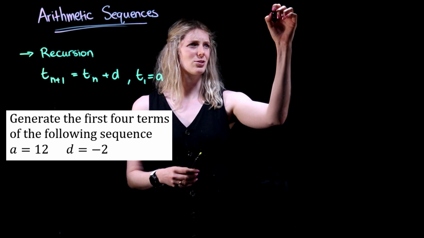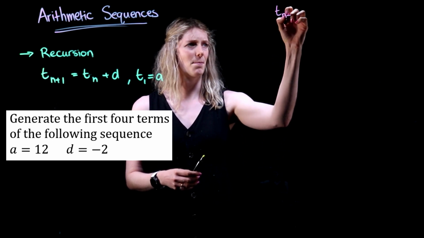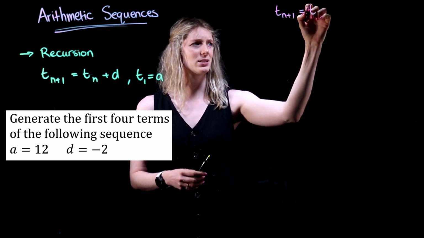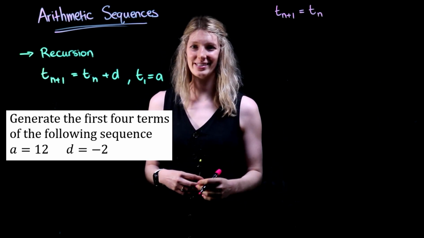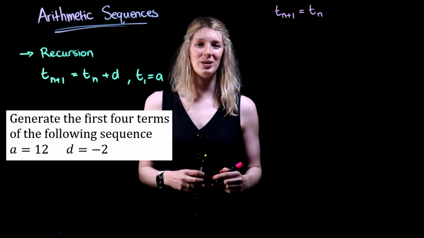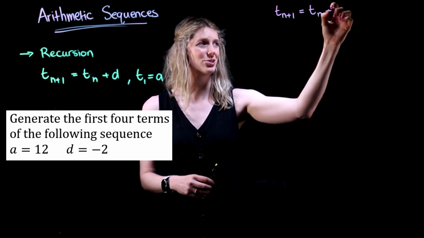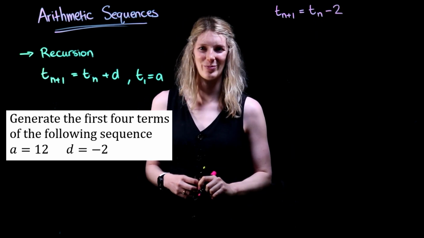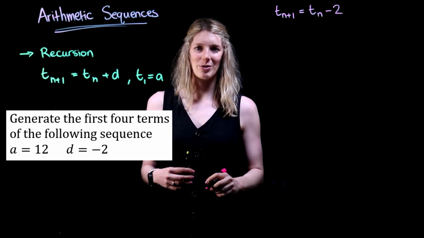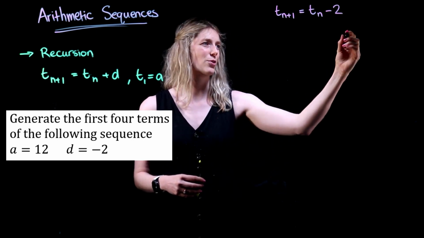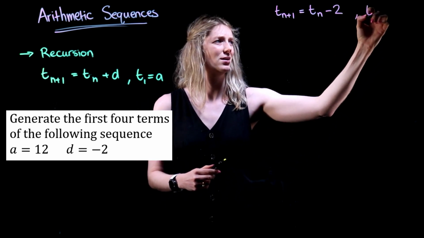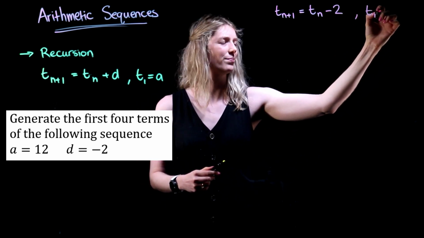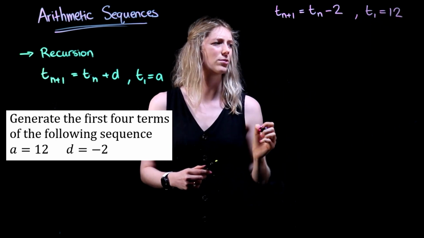And we can say that to find term n plus 1, we can take term n and add onto it our common difference. In this question, we've been told the common difference is -2. So I'm going to place that in the formula like so. We've also been told that we have an A value of 12. We know that term 1 equals A, so that means our term 1 is 12.